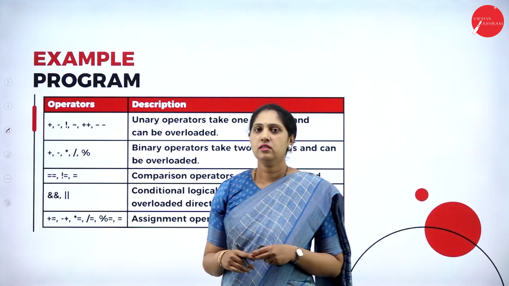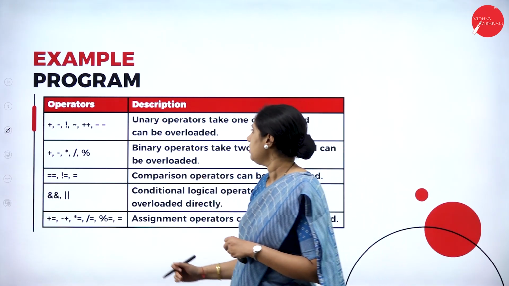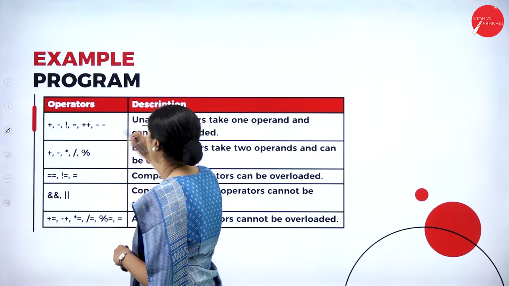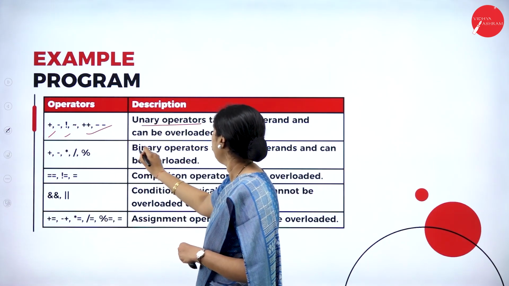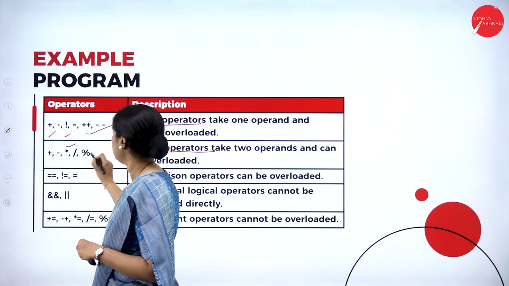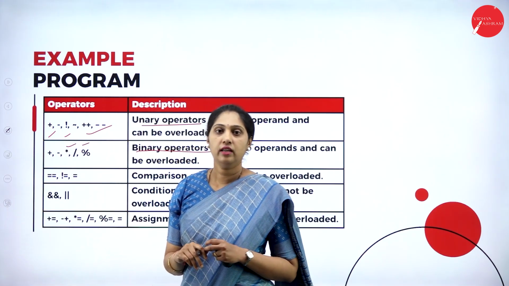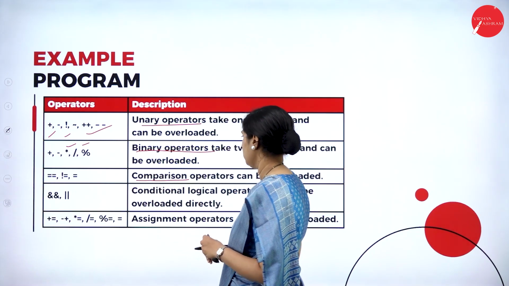So what are the operators available? Only plus? No, there are many operators. If I take unary operators, it is plus, minus and so on. If I take binary operators, again you have plus, minus, into, all the arithmetic operators. Then what about comparison operators?